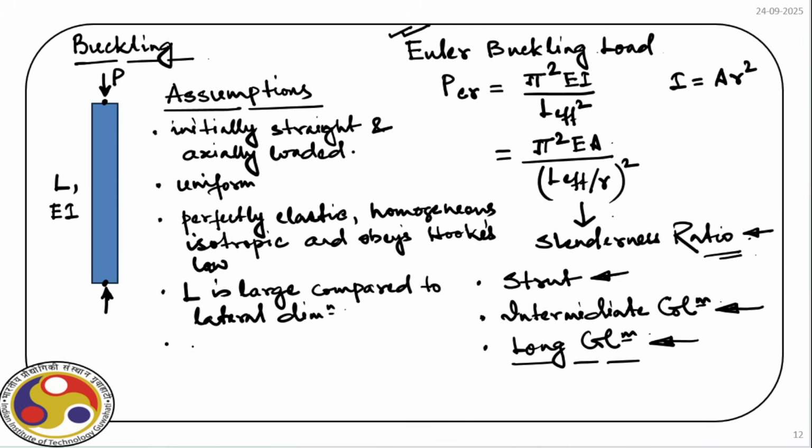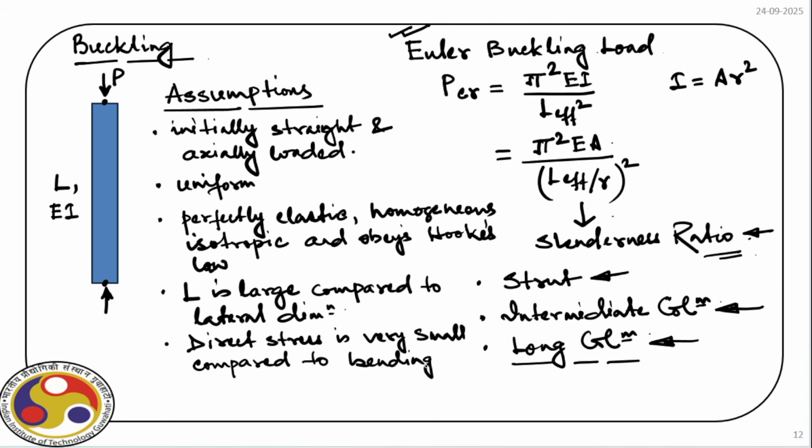Next, because we have a high slenderness ratio, direct stress is very small compared to bending stress. And because of this reason only, the governing differential equation, we use the equation of a beam bending, if you recall, EI d2y dx2 is equal to minus M, right?